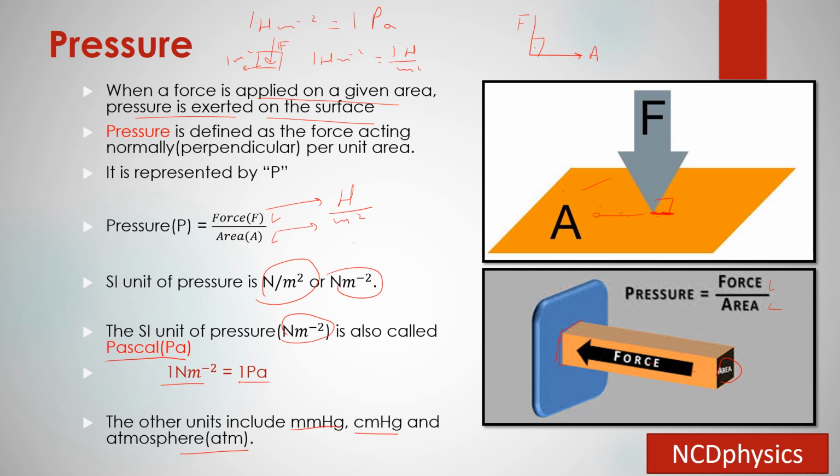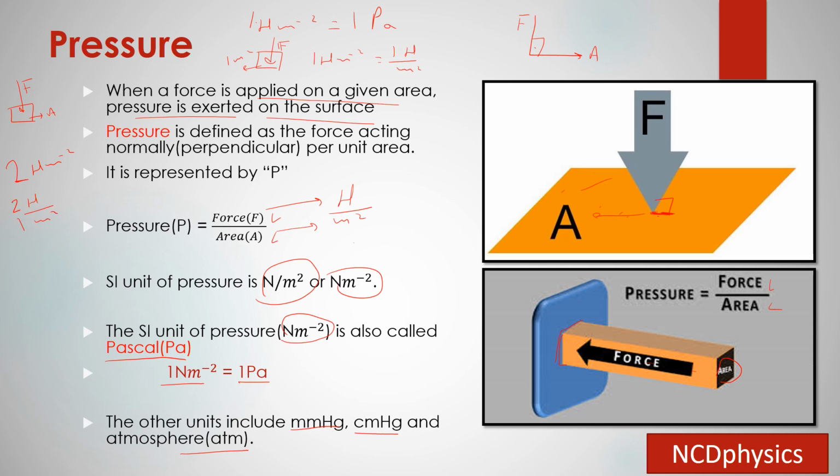For example, if the pressure is 2 Newton per meter square, it means I have a surface area with a force acting on it, and the area is this much. So 2 Newton per meter square.